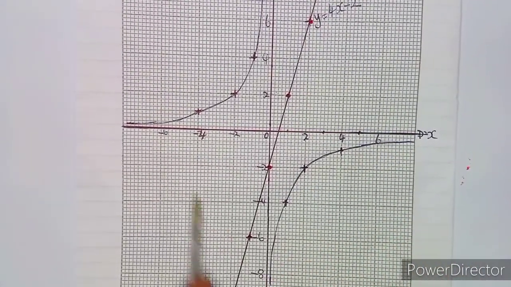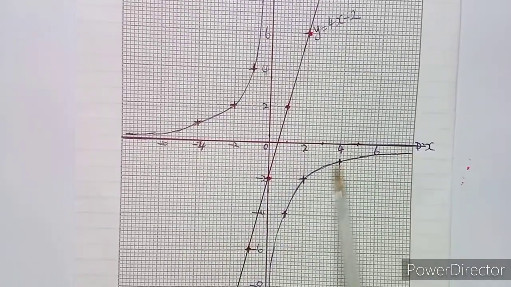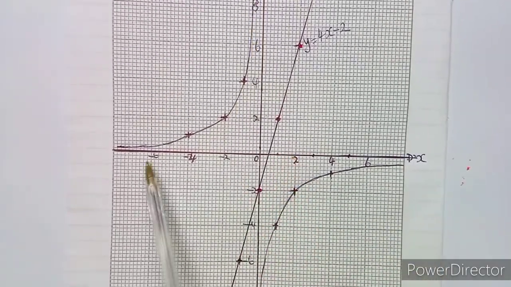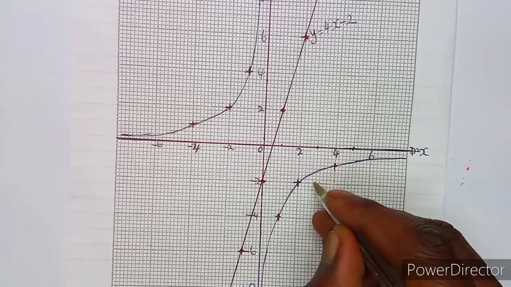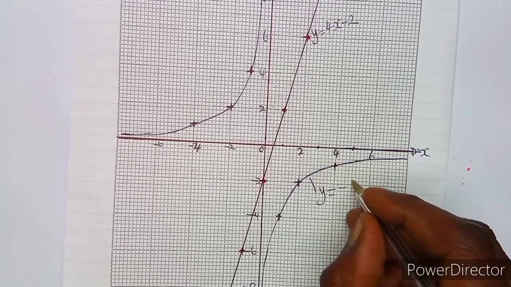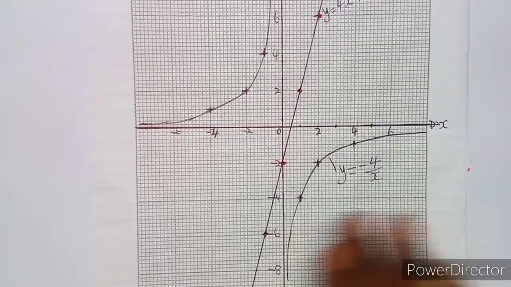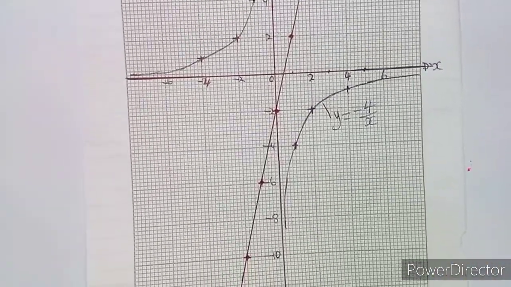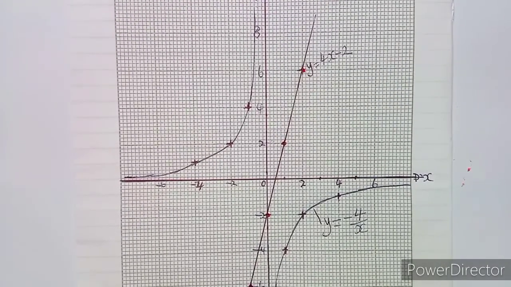So this cannot be joined. You don't join this one to this one, no, just this piece here and this piece here, and the straight line. So you can just write the equation on one piece: y is equal to -4 over x. It's very, very wise that you write down your expression to represent the function or the graph that you have drawn.